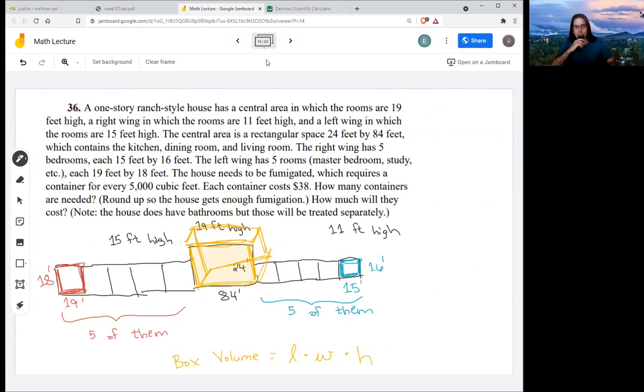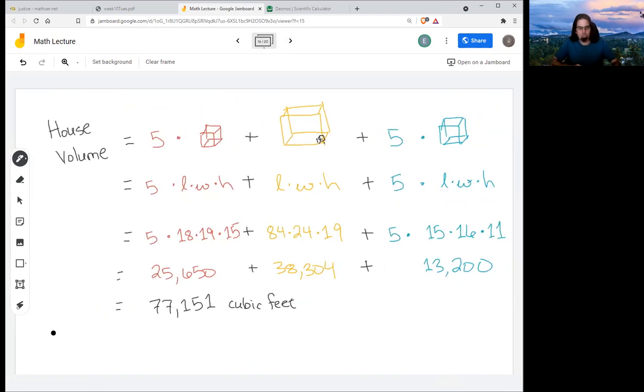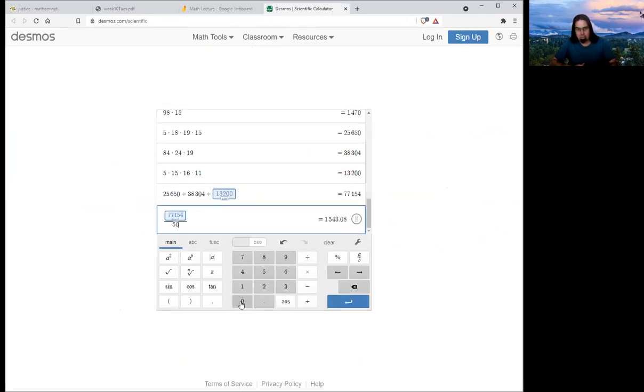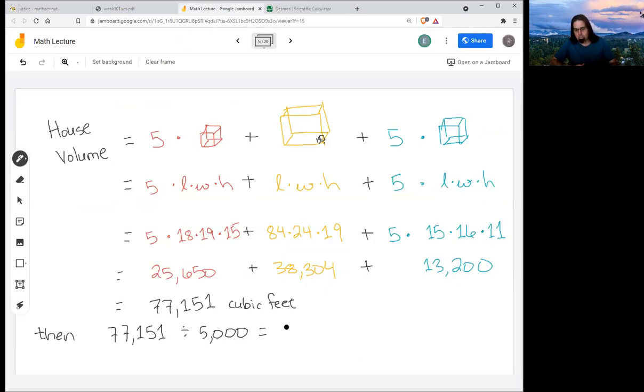So every 5,000, we need a new container. You knew that was division last time. So rounding up 15, round up to 16 containers.